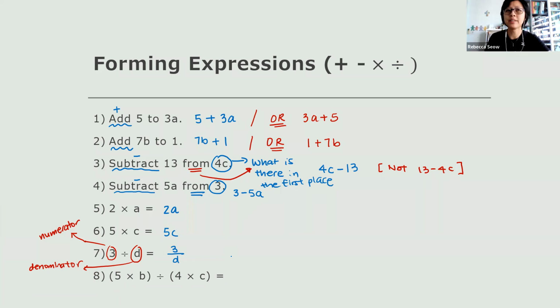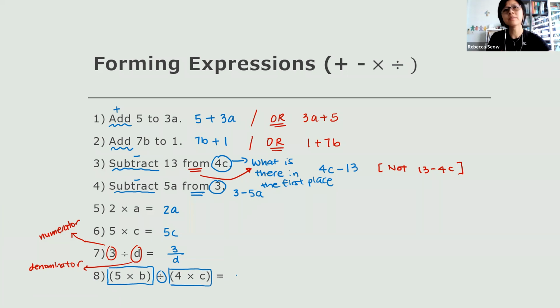Last question, a really tricky one, because you see brackets, you see multiplication sign, and you see a division sign as well. Okay, let's see. We can box it up as 5 multiplied by b, this whole thing here, divide by 4 times c.